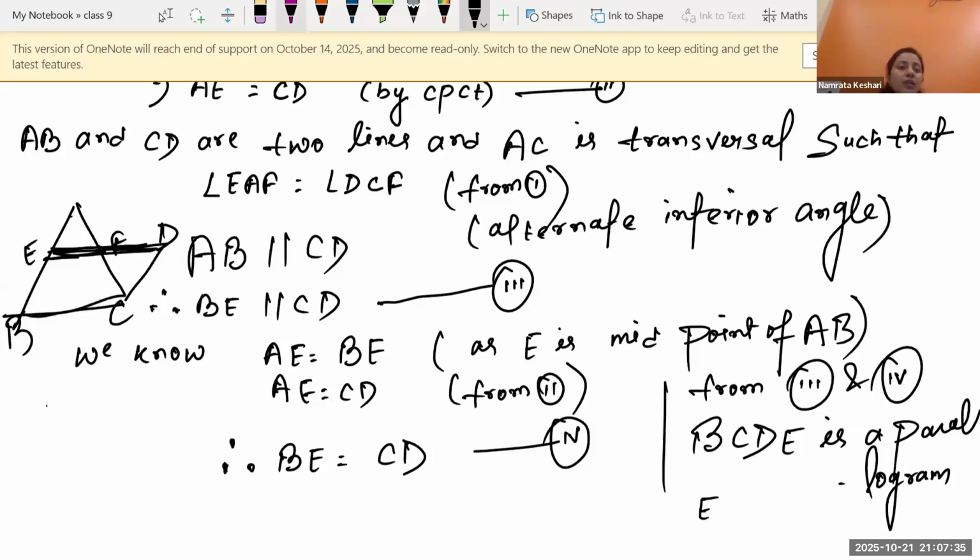But if that is parallel, then we can say EF will also be parallel, right? Yes, ma'am. And we are done with the proof. Half of the length, that also will be showing just now.